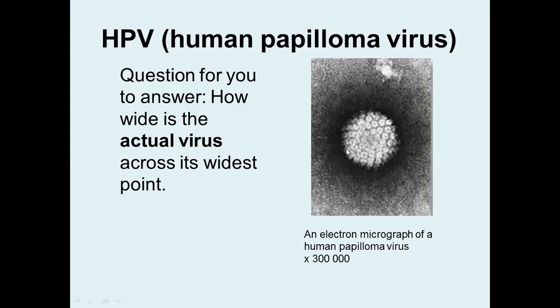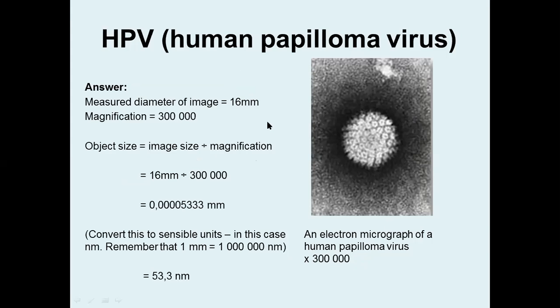So I is the diameter in the image. M is the magnification you've got down here. The measured diameter of the image, measured from there to there, was 16 millimeters.